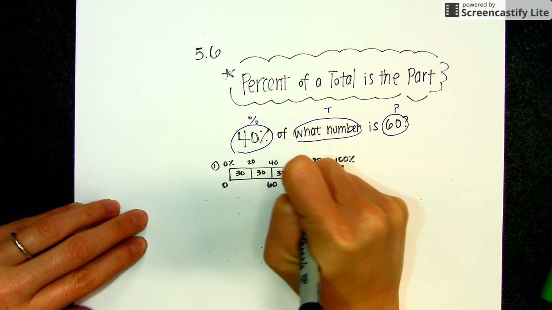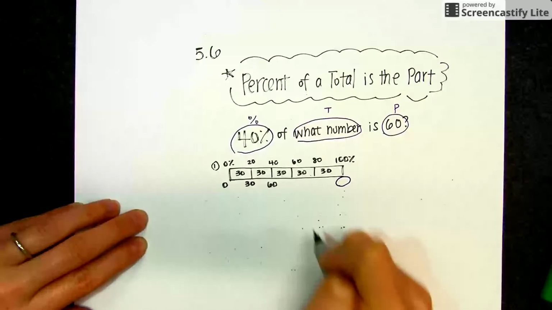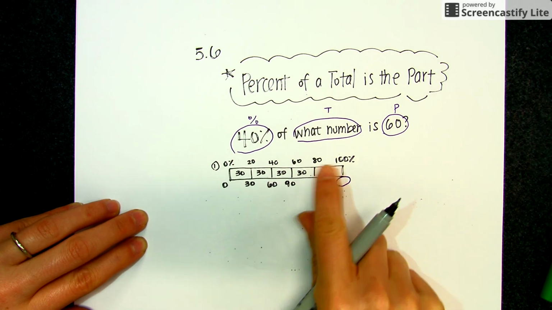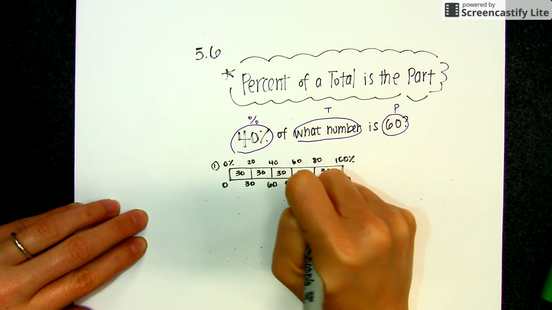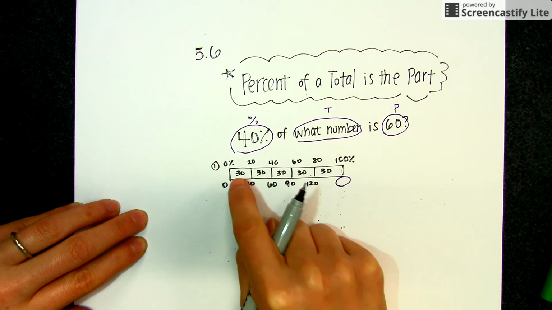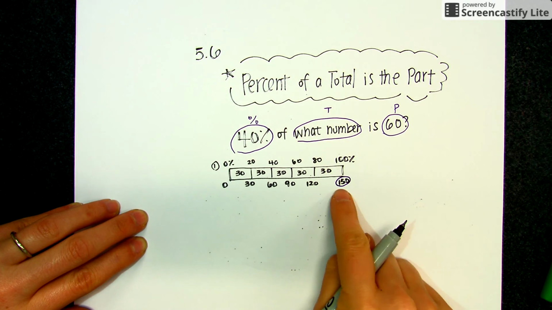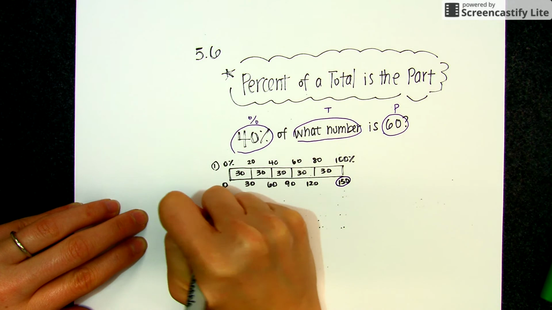So if each part is 30, 20% is 30, 60% is 90, 80% is 120, so 100% is going to be 30 times 5, and that's 150. So the answer is 150. That's the total.